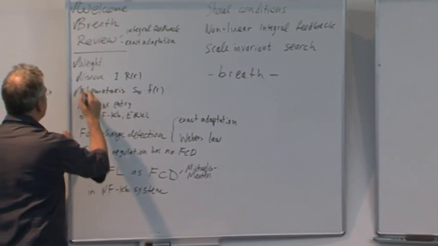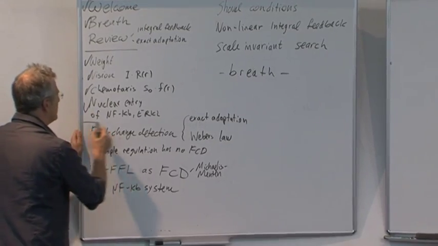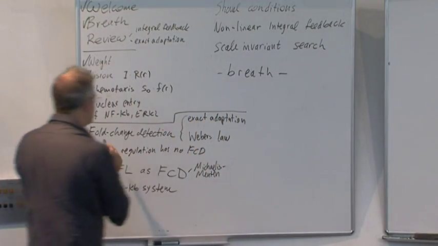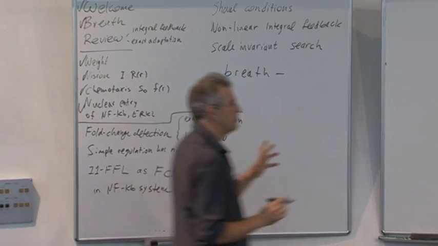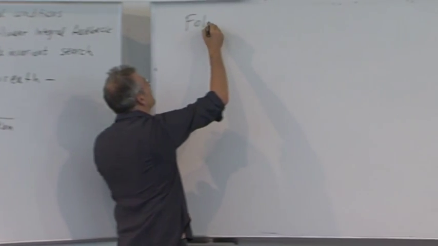We did so much. Weight, vision, chemotaxis, nuclear entry of NF kappa B. And now let's talk about this property that's called fold change detection, make it more precise.